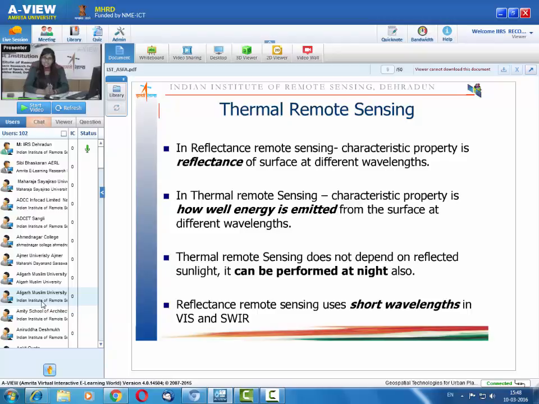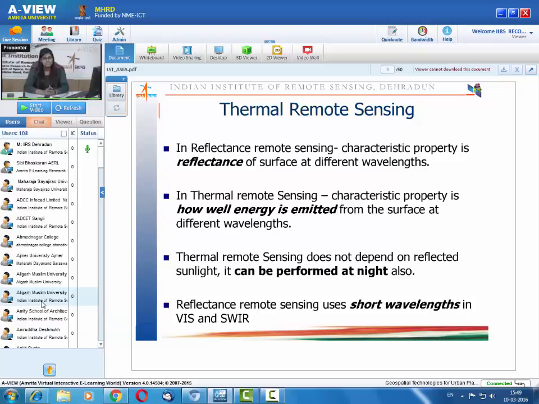So as I discussed, there are two types of remote sensing, reflectance remote sensing and emitted remote sensing. In reflectance remote sensing, which is dependent upon the solar radiation, the characteristic property is reflectance of the surface and changes with different wavelengths. In thermal remote sensing, the characteristic property is how well the energy is emitted from the surface at different wavelengths.